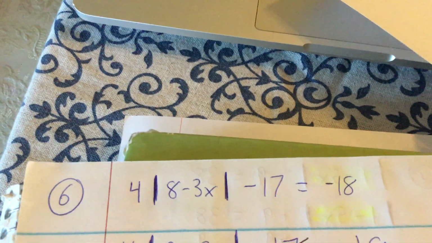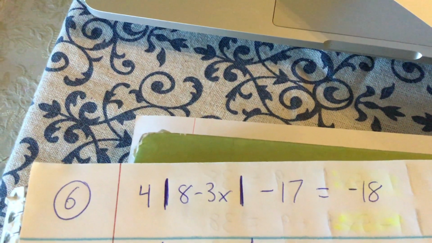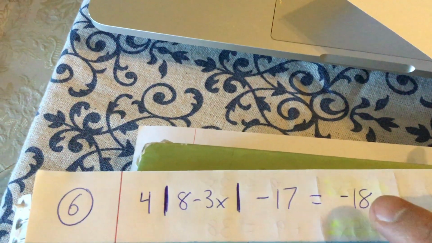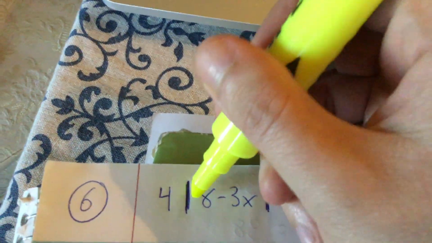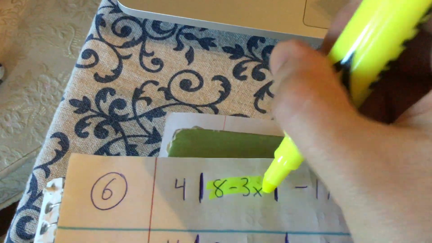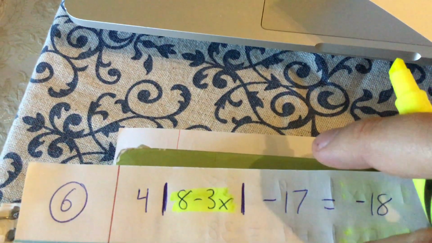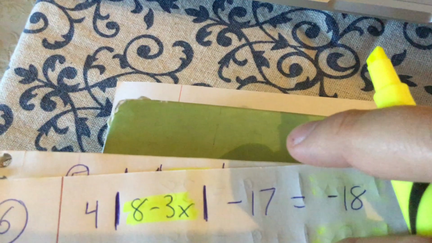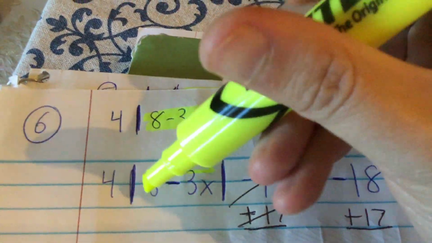So the bars are not isolated, but can I make the judgment that this problem has no solution? Not yet. Even though it's a negative output, I want to get the bars isolated first. So 4 times the absolute value minus 17 is equal to negative 18. So what I want to do is add 17 to both sides in hopes to get the bars isolated.